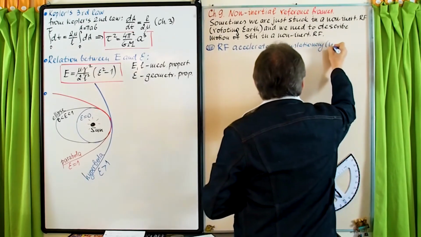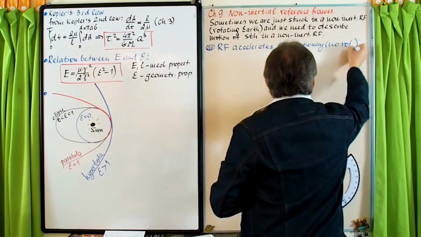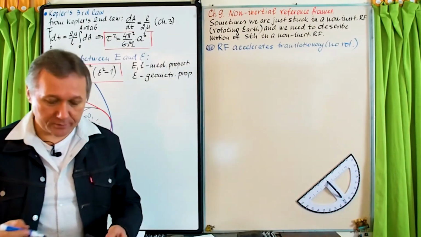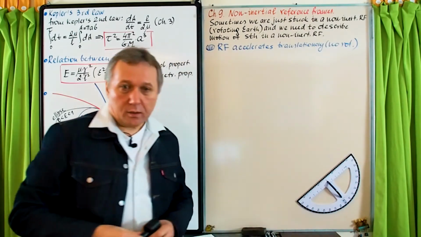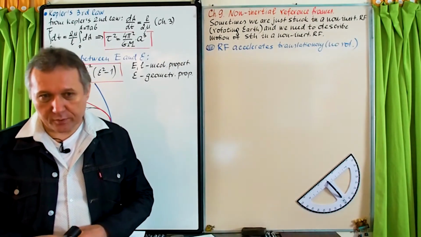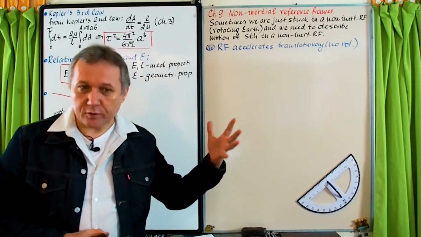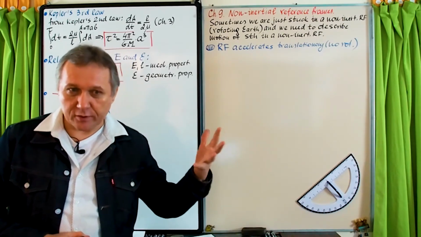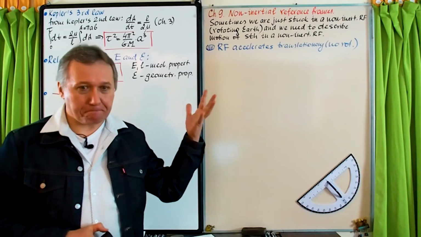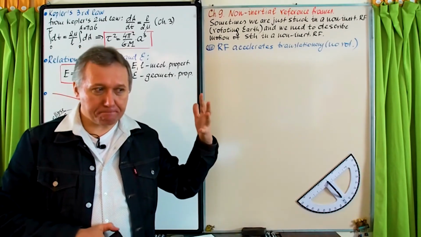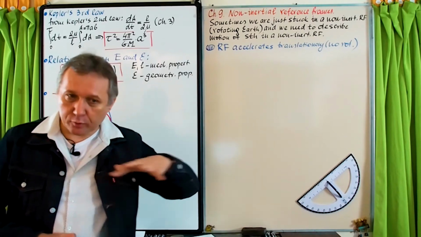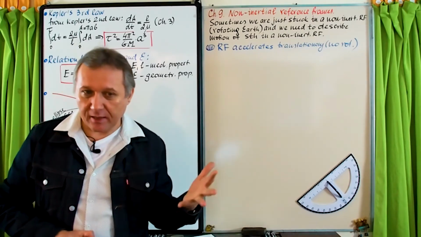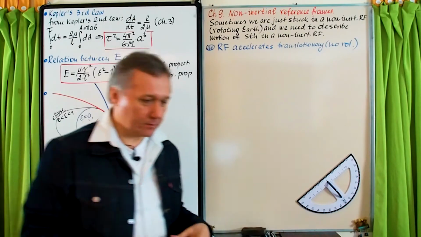Basically, no rotation. We're going to use a point mass because we're going to start with Newton's second law. And you remember Newton's second law is written for a point mass. All those fundamental laws are stated for a point mass.